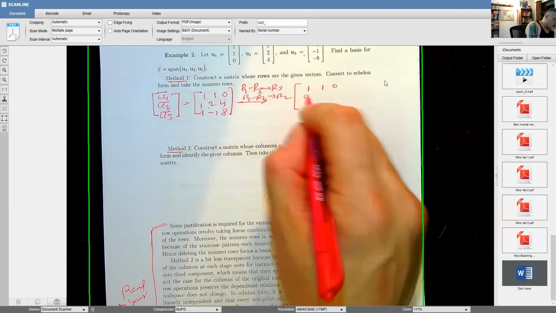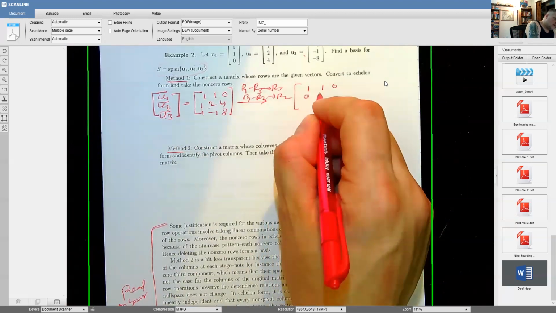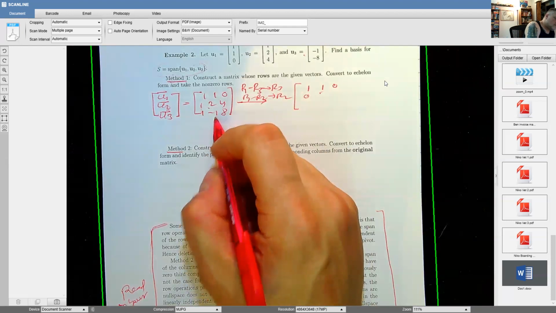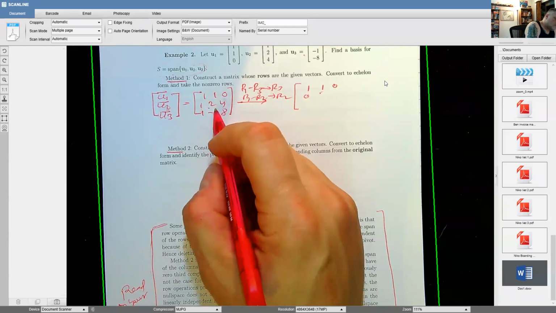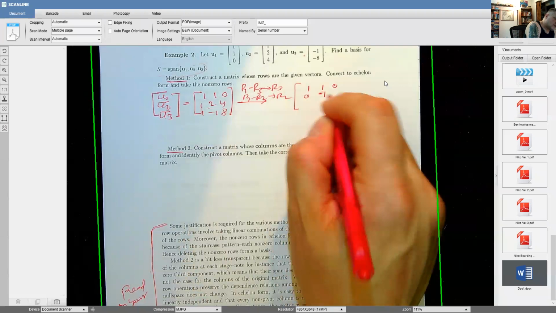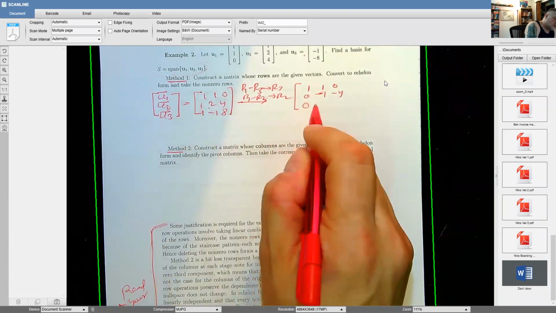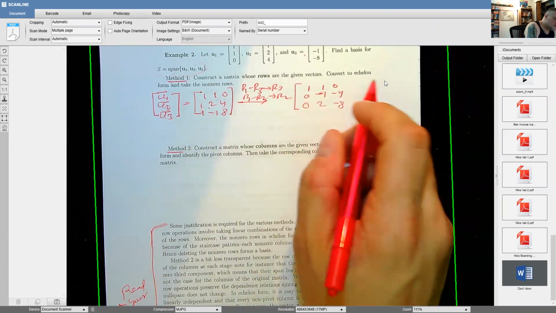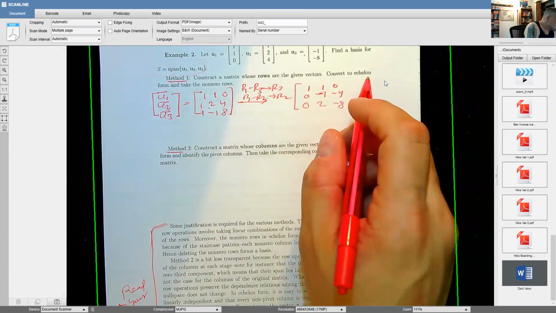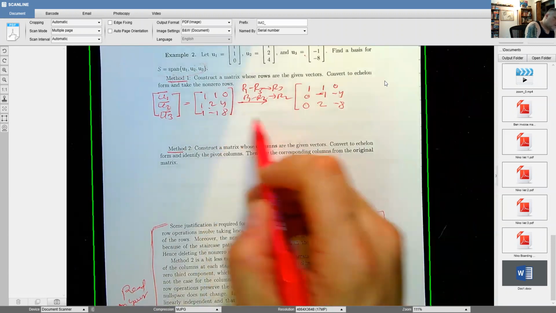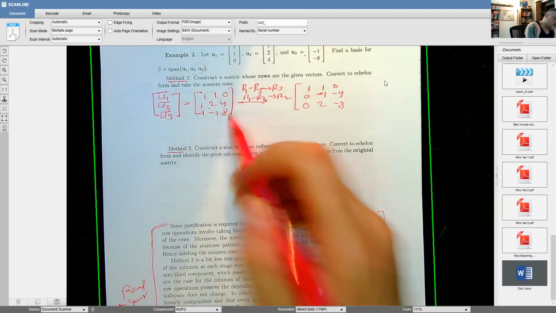The next one, if I do that, I get 1, -1, -4, and then 0, 2, 8, correct? Is that right? So if I subtract 1 minus -1 is 2, 0 minus -8 is 8.